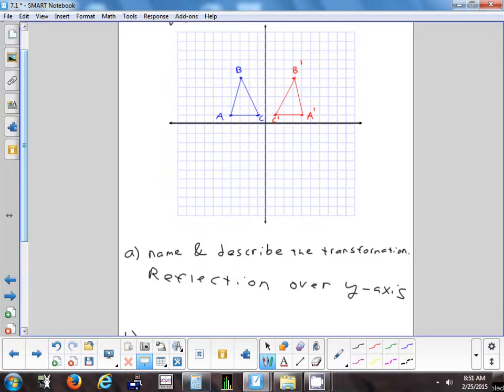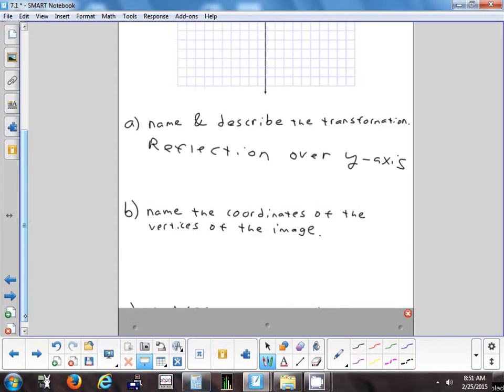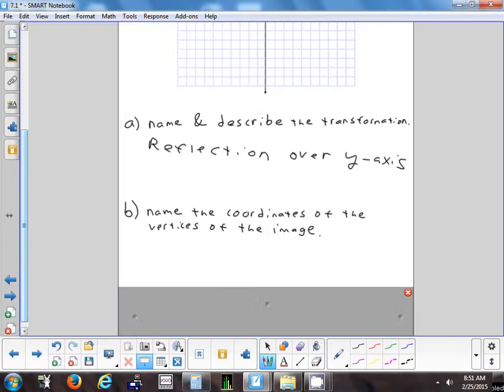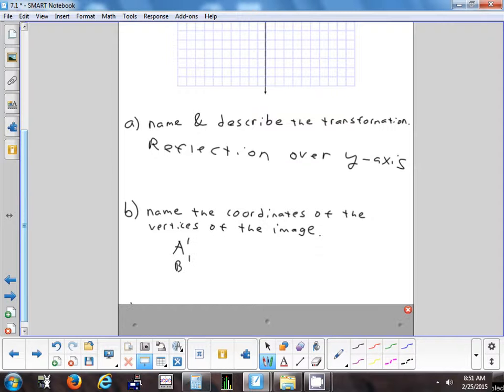You don't have to give me the coordinate, just tell me their names. Yes, in the image, the three vertices are A prime, B prime, and C prime. They didn't ask for the pre-image. And they just want to know the coordinates.